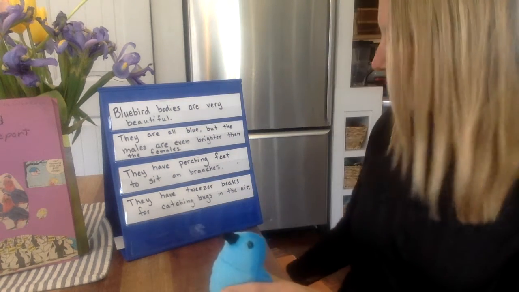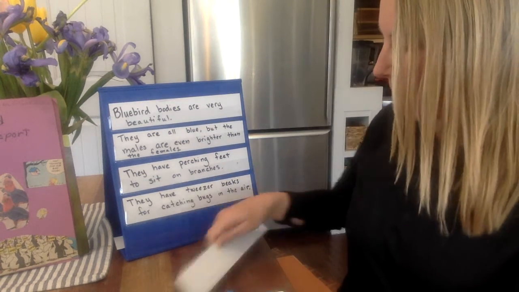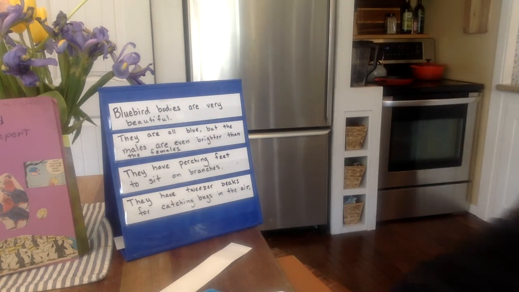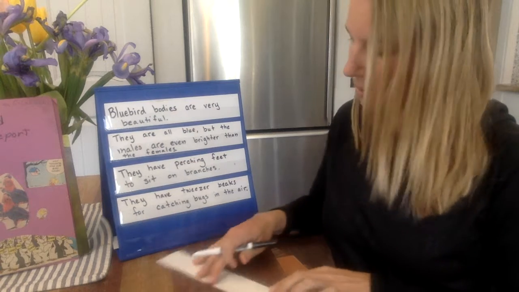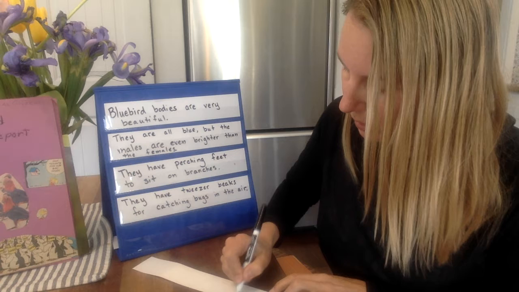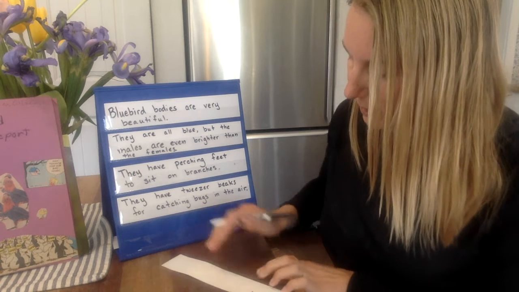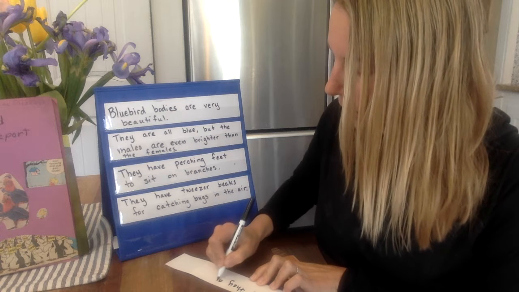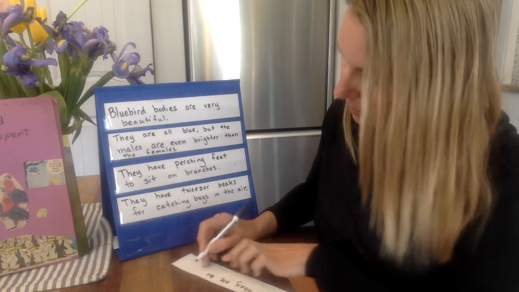And I'm just going to say, I think they are gorgeous, or I think they are so cute. And that's about the bodies too, because it's about the way they look. I think they are so cute.